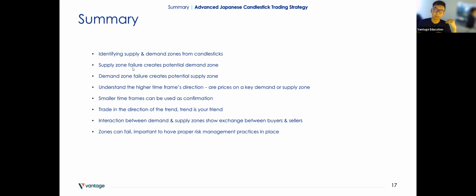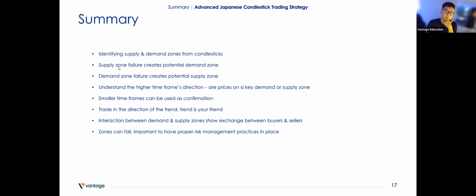Understand what's going on behind the scenes in terms of how buyers and sellers are reacting to certain levels. Once you understand how buyers or sellers can overwhelm each other in those zones, you're able to snipe or find better entries.